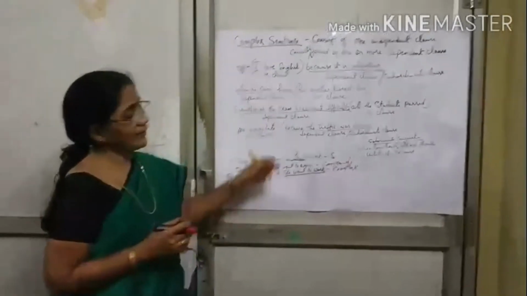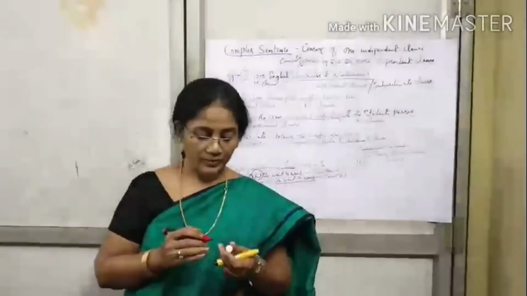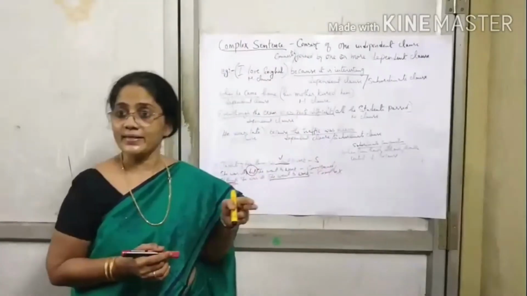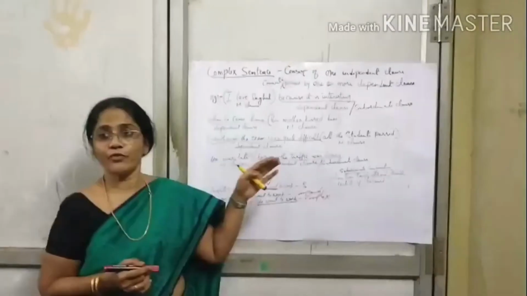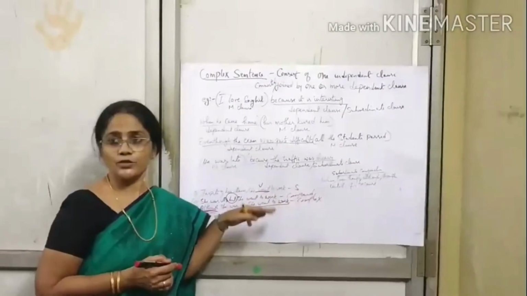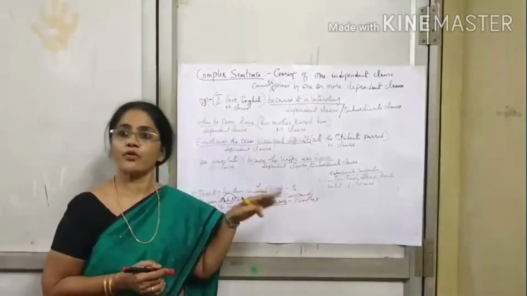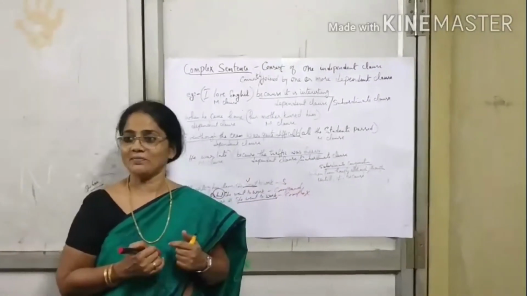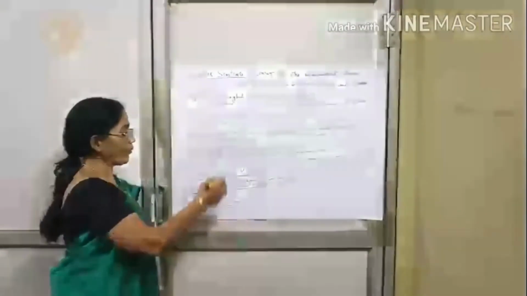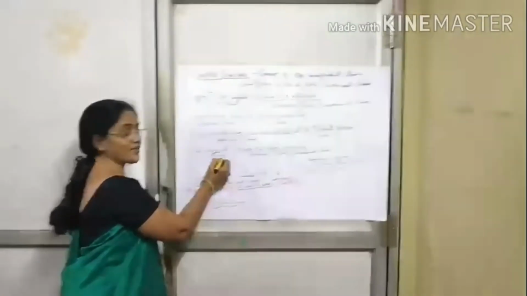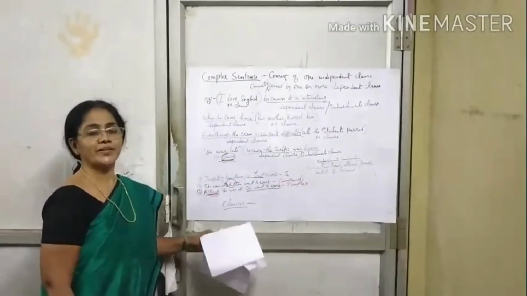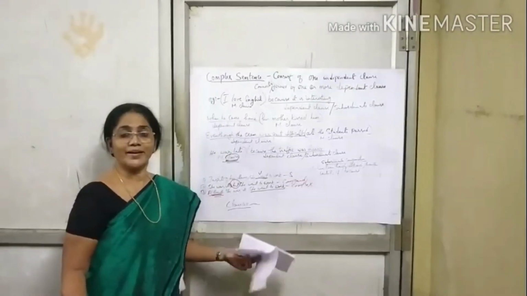Now, following this, I have given an exercise for you based on simple sentences, compound sentences and complex sentences. Few sentences. So you do it at home. Let us see who gets full marks. You will be getting a surprise gift. Is it clear? You will be wondering, what is this clause? This was just mentioning main clause. What is a clause? Well, I'll teach you in the next class. It will be much clearer.